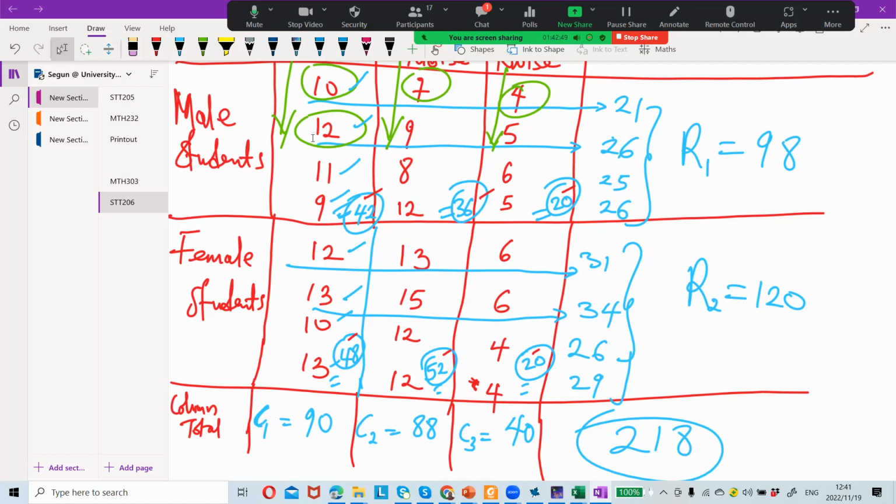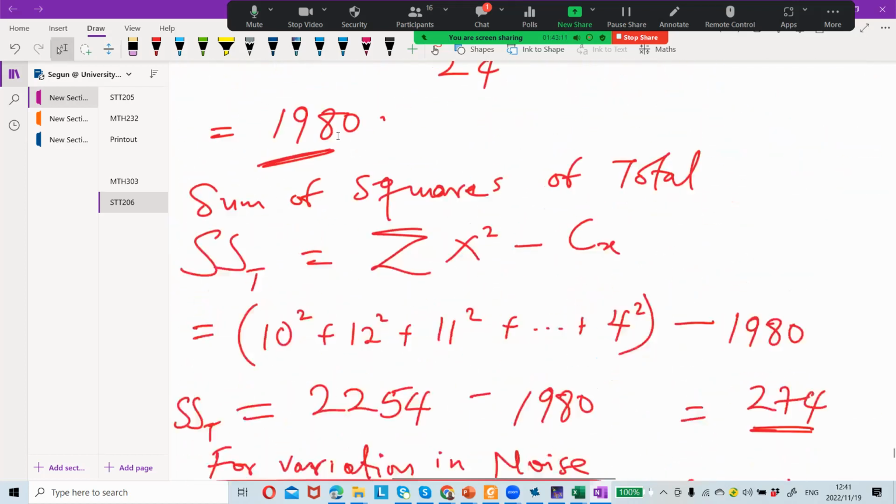Then we have how many rows are we talking about? And how many columns? We are talking about 3 columns times 4 rather. That would be your A, and that would be your B, which is this.